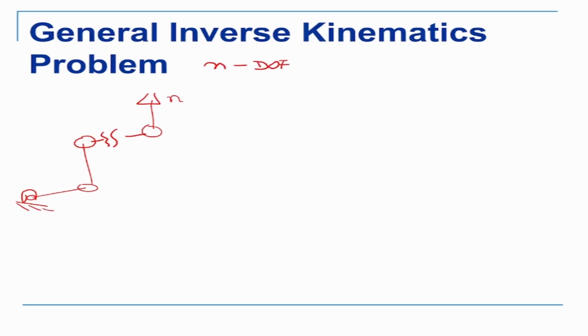Now what we do is we assign parameters as per DH. First of all, as per DH, we assign the axes, and then after assigning the axes, we write the DH table.